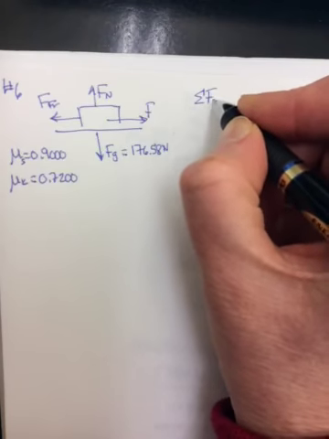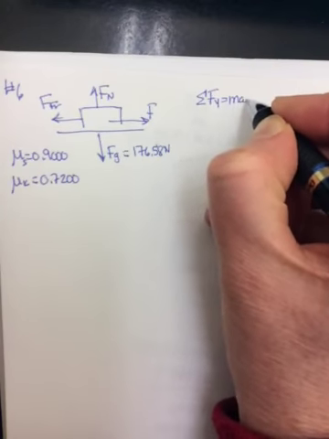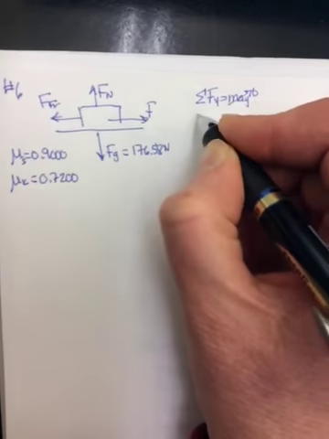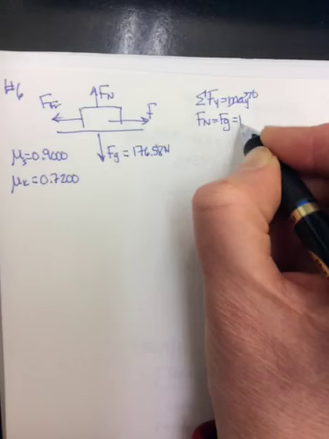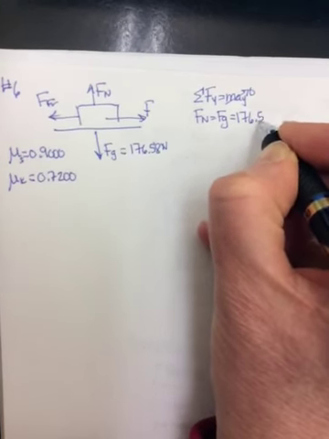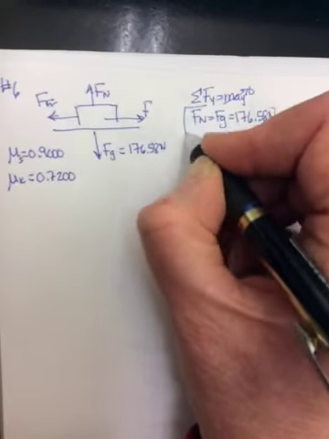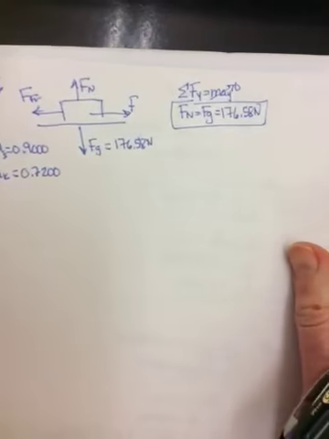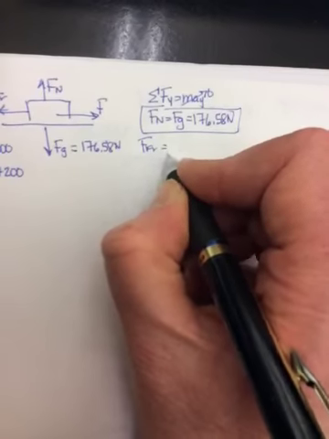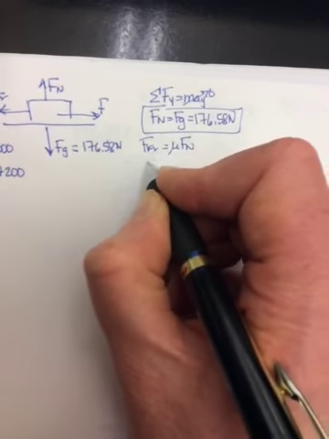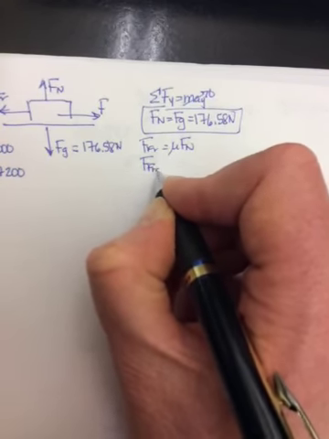So sum of the forces in the y direction. This steel drum is not moving in the y direction. So it'll be Fn equals Fg equals 176.58 newtons because they gave it to us. Okay, so then we can do friction is equal to mu Fn, and we can find our static frictional force.